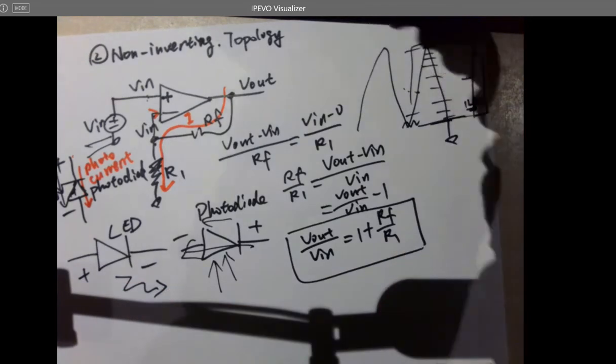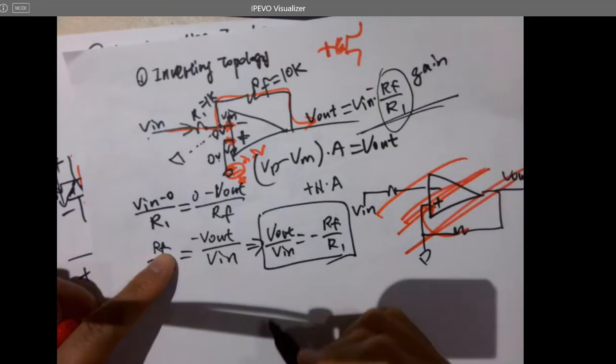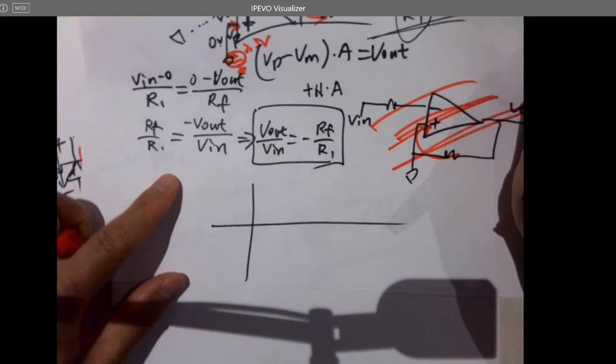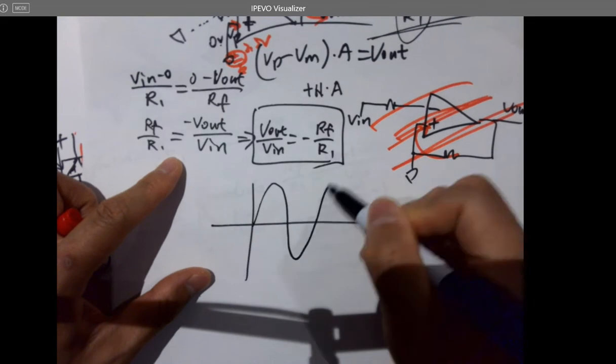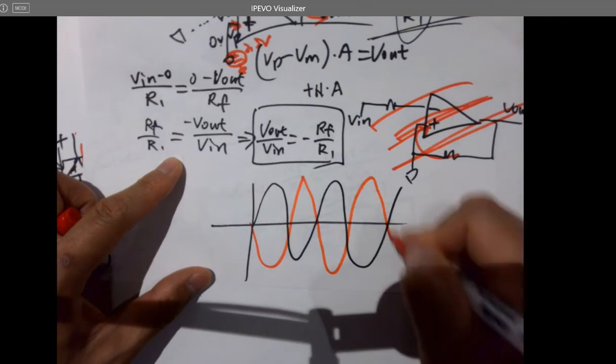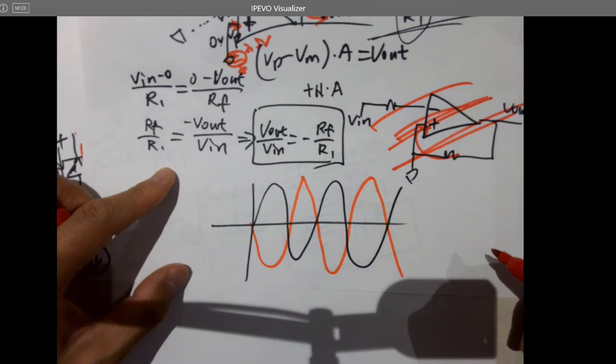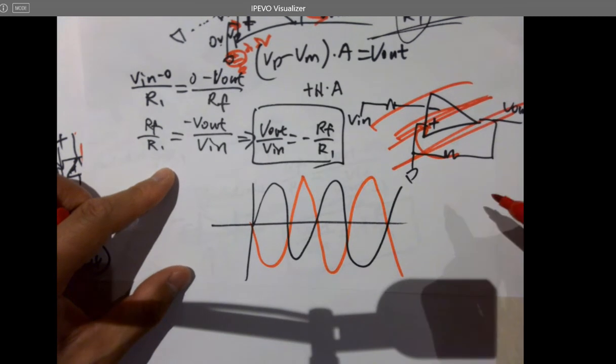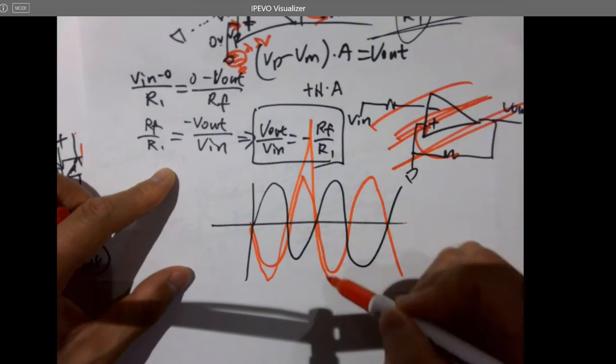How can I understand it's inverting? If you're amplifying the signal as the input, your output looks like this. The inverting topology is going to amplify like that if the gain is 1. Usually the gain is higher if you're amplifying, so it's going to look like this, right?